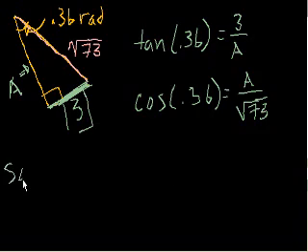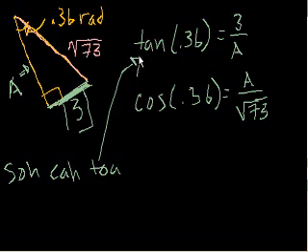I'll just write SOHCAHTOA here so you can confirm what I'm doing. That TOA says the tangent is equal to the opposite, 3, over the adjacent, and CAH tells us the cosine is equal to the adjacent over the hypotenuse. So we could solve either one of these.